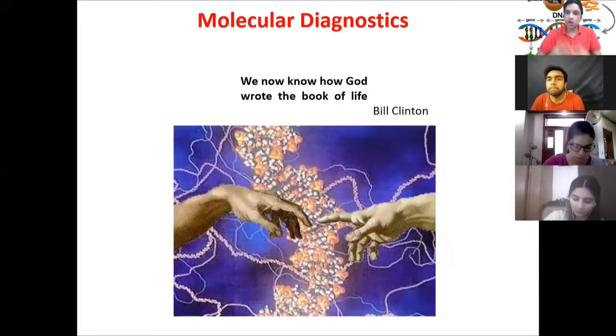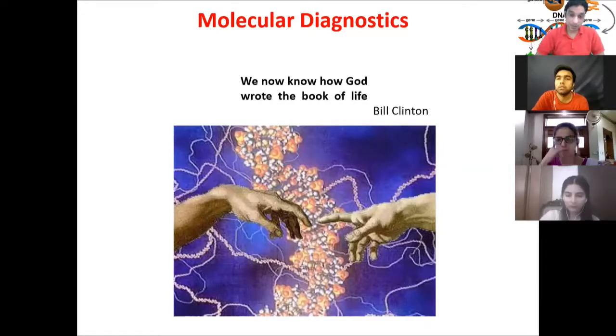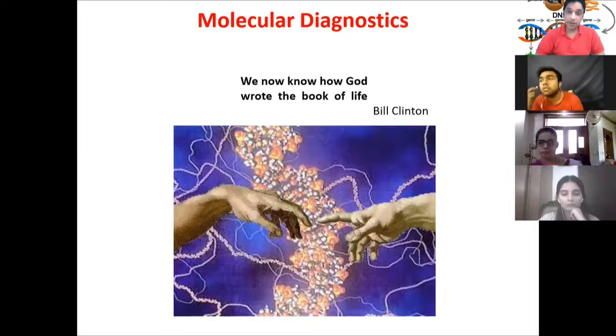We do know God has created life, but how the codes of life were written was unveiled by the very famous troika. I should not use the word troika because I don't like two of them very much. The one is a very beautiful lady called Rosalind Franklin.